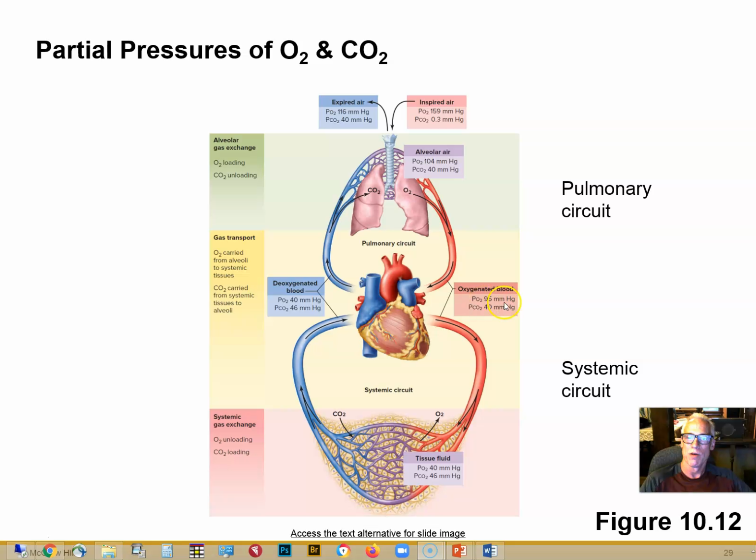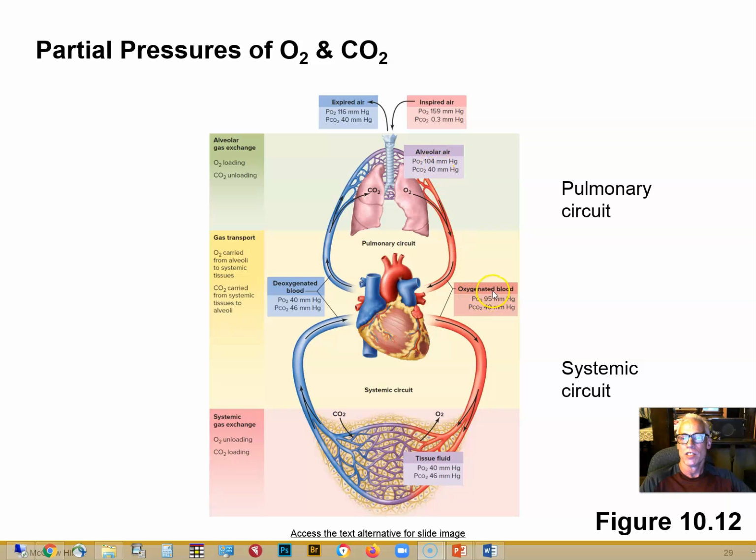So the arterial blood has around 100 millimeters of mercury partial pressure of O2. That 95 is a little pessimistic, closer to 100. That maybe 95% saturated. We've got about 100 millimeters of mercury partial pressure of O2. CO2, 40. It exactly matches the alveoli.